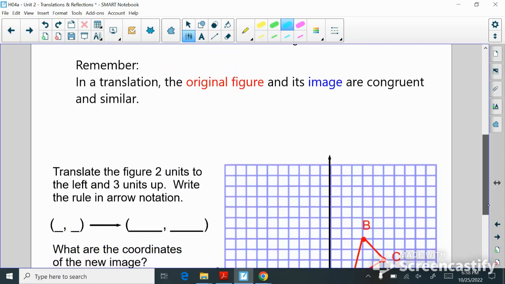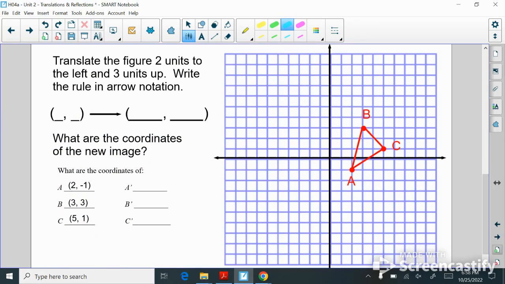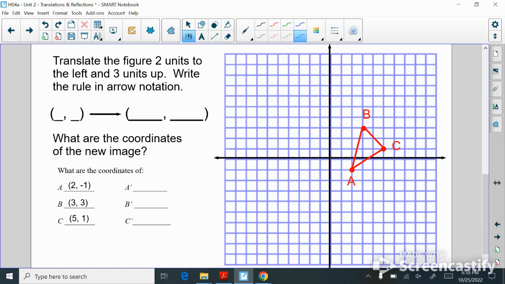If we look at the next example, it tells us to translate the figure 2 units to the left and 3 units up. And we want to write that arrow notation. So anytime you're starting to write that arrow notation, you're always going to start with x, y, the arrow, and then x, y, and then we have to figure out if we're adding or subtracting.